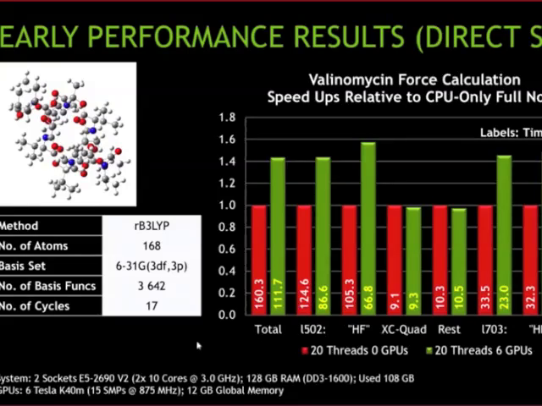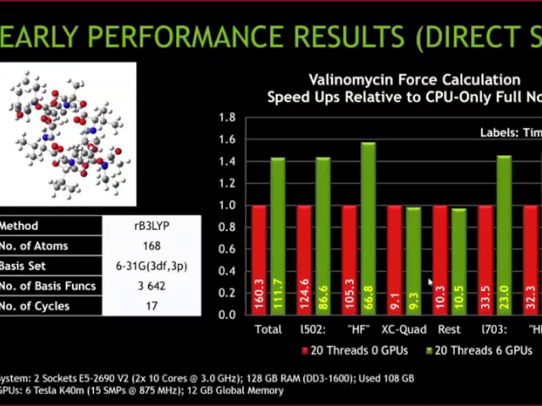So, initial results. In this graph, I'm showing the speedup of a DFT calculation, actually a force calculation, for valinomycin using a fairly large basis set. We see the speedup of the run in green using GPUs versus not using GPUs on one node of a modern Ivy Bridge-based computer.